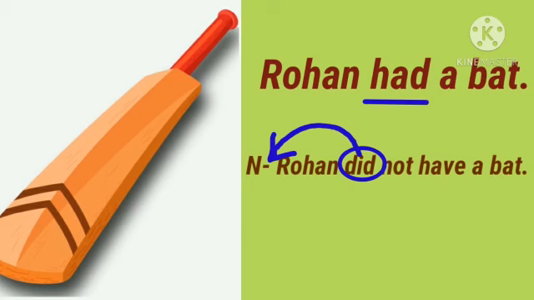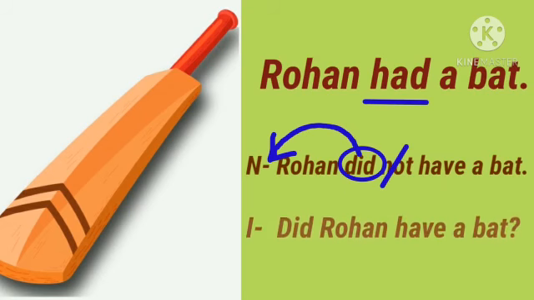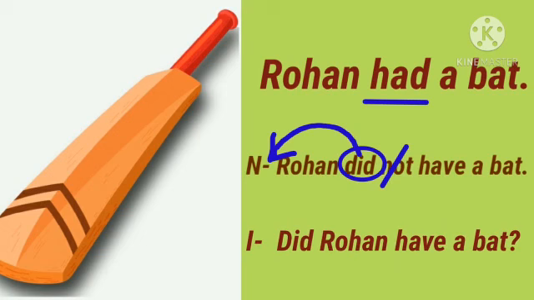But students, do not forget to omit not for interrogative sentences and to put the question mark at the end. So students, for the verb had, just remember to add did in the beginning, and in place of had, just write have and then the rest of the sentence. At last, as you know, put the question mark.